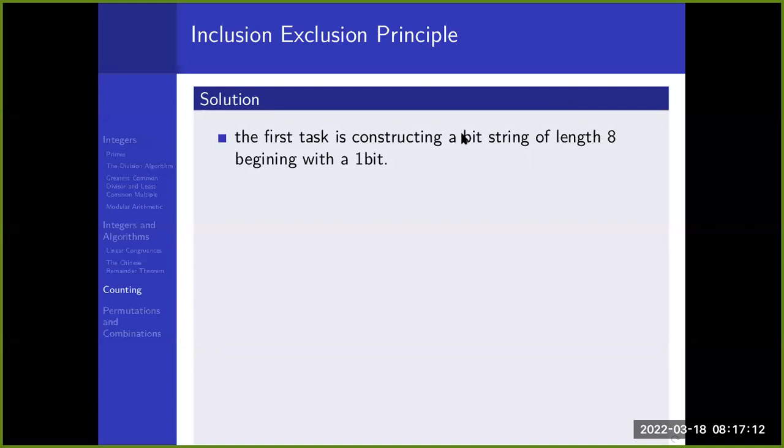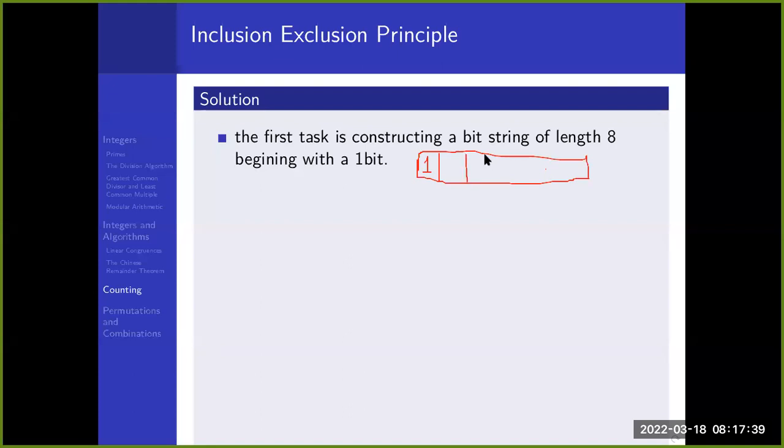The first task will be to construct a bit string of length 8 that begins with a 1. If you have a bit string of length 8, it begins with a 1, which means the first slot can only be picked in one way. There's only one possibility. So you're left with 7 other slots.